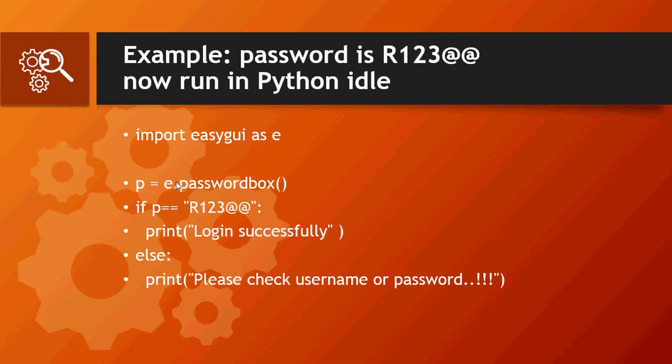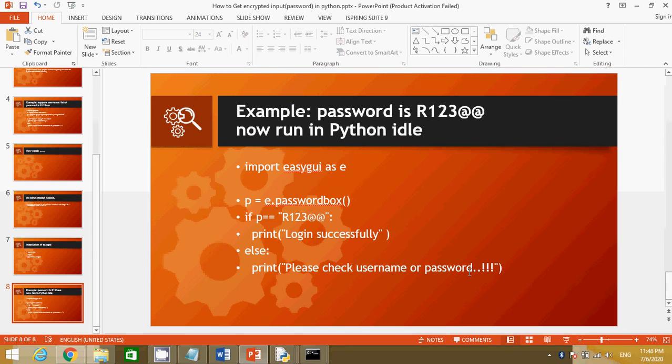Now suppose we want to type only the password. Now import easygui as e. Now p equal e dot passwordbox. If p equal capital R123@, print login successfully, else print please check password.